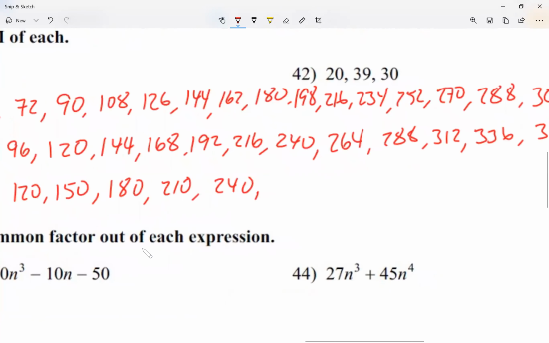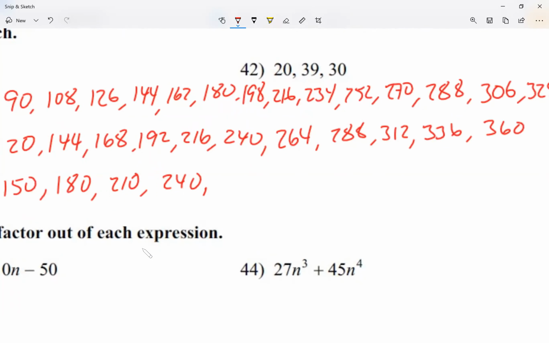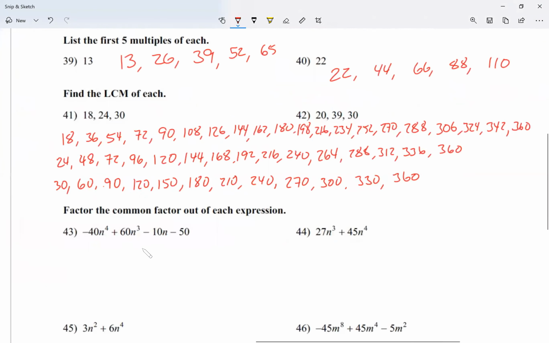Let me take a look at this last list. I'm going to start at 240, and I'm going to add 30 more. So that's 270, 300, 330, and then 360. Okay, let me zoom out a little.